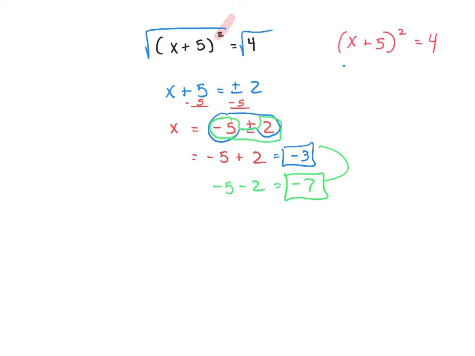If I put in negative 3, does it indeed equal a 4? Well, negative 3 plus 5 is 2 squared, and 2 squared is 4, and 4 does indeed equal 4. So 4 equals 4. So we can see the negative 3 makes it true. The negative 7 would also make it true as well. So that's all we're looking for.